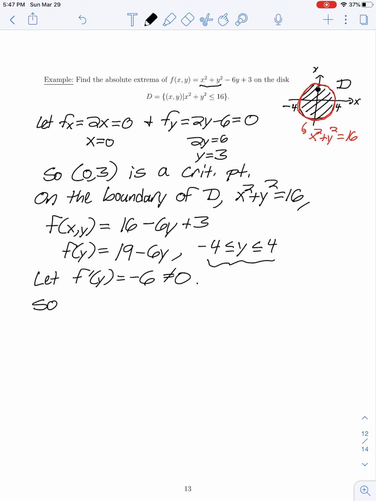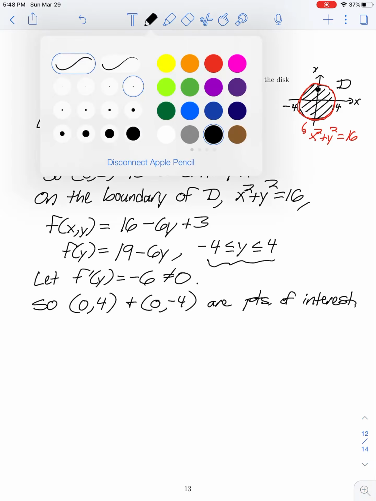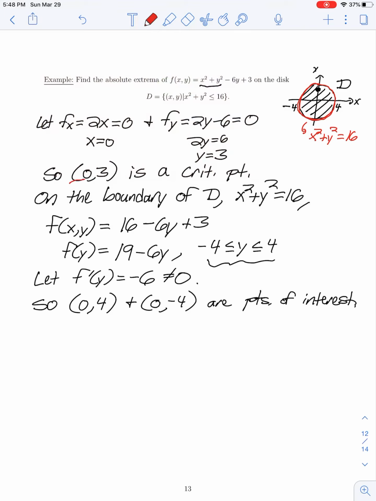So here, if y is either 4 or -4, then we could have points of interest, and it follows that our x value would have to be 0, since x squared plus y squared must be 16 on that boundary. So here (0, 4) and (0, -4) are points of interest.